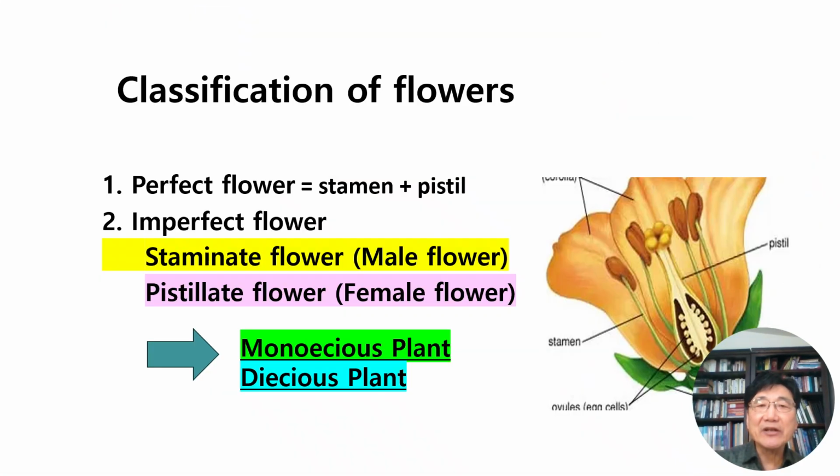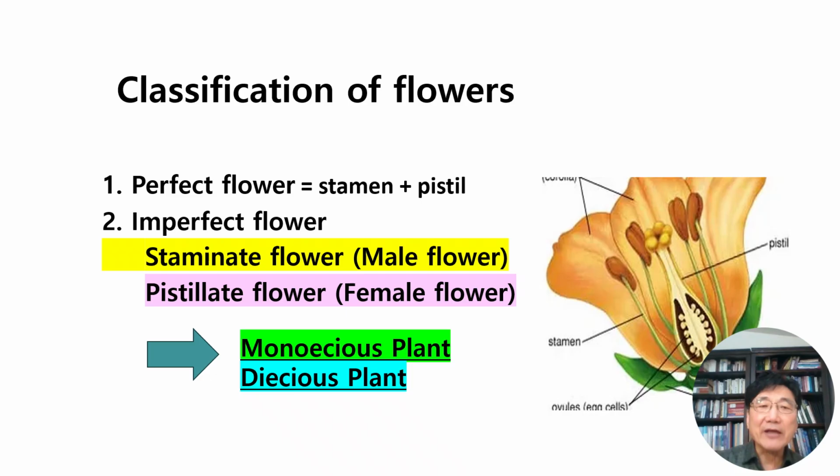Flowers are usually divided into perfect and imperfect flowers. The perfect flowers have both stamens and pistils. However, the imperfect flowers have only one of them, and they are subdivided into staminate flowers and pistillate flowers.